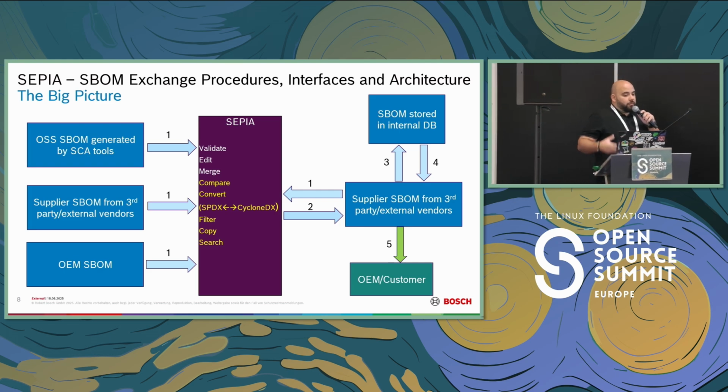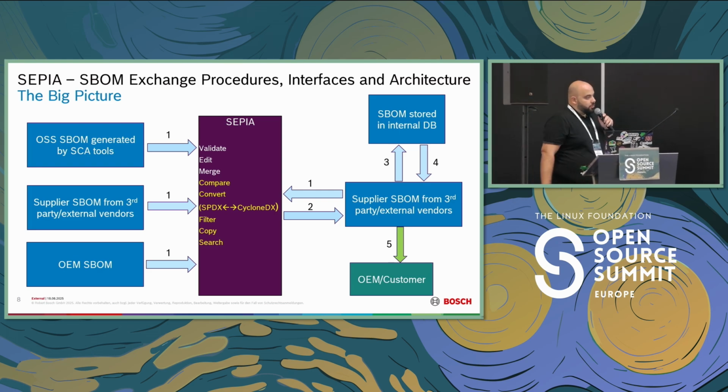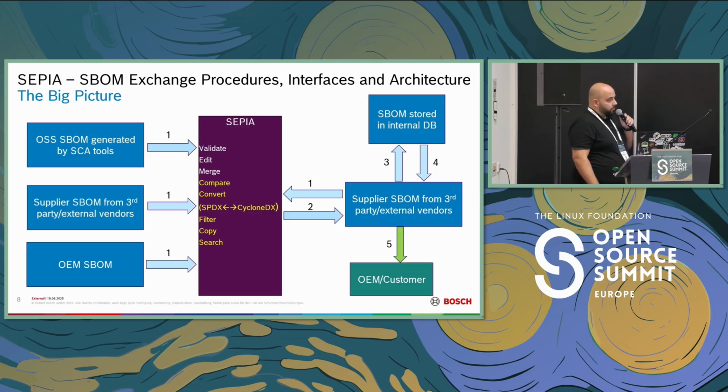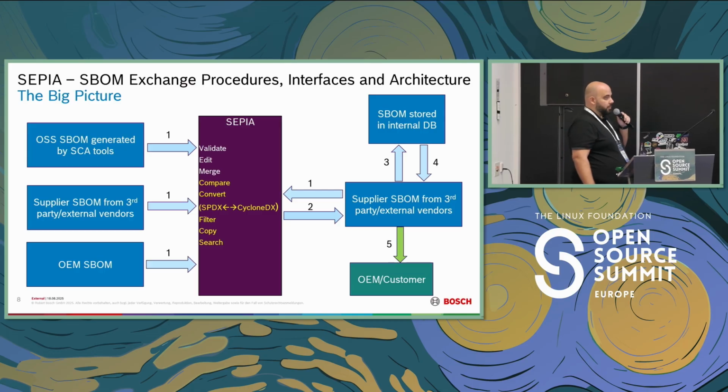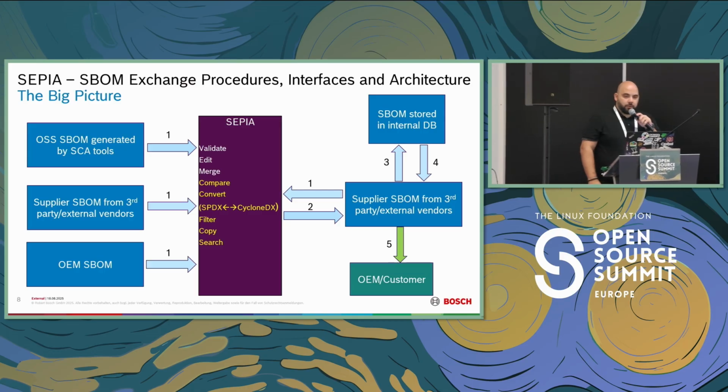So the whole point of this is you can take generally any SBOM in a certain format, feed it into the tool and validate against a schema that you've chosen. So again, you can have your library of schemas regardless of the format.